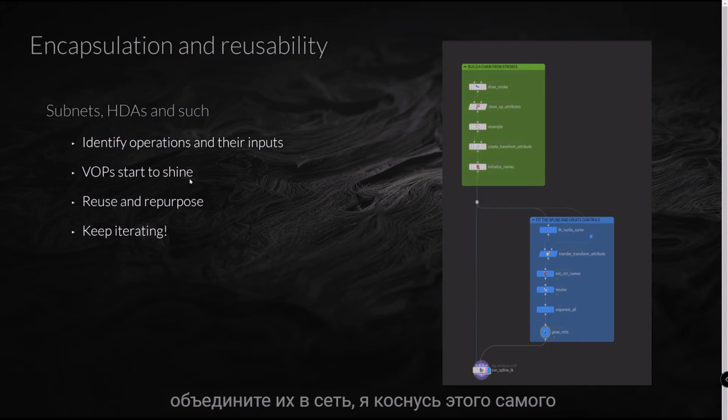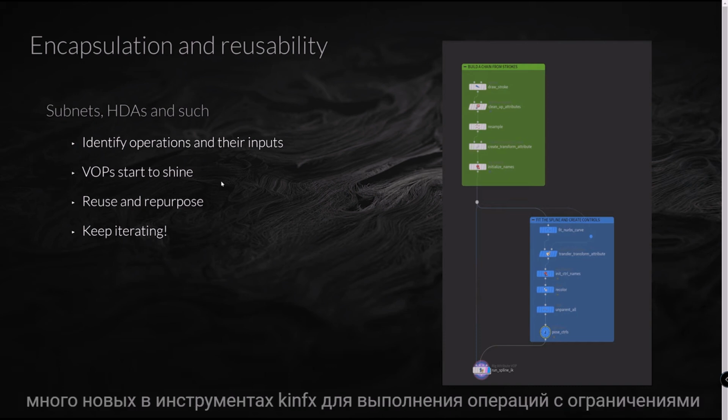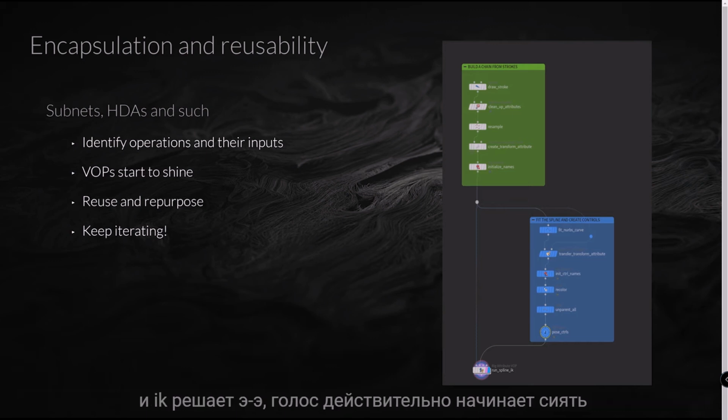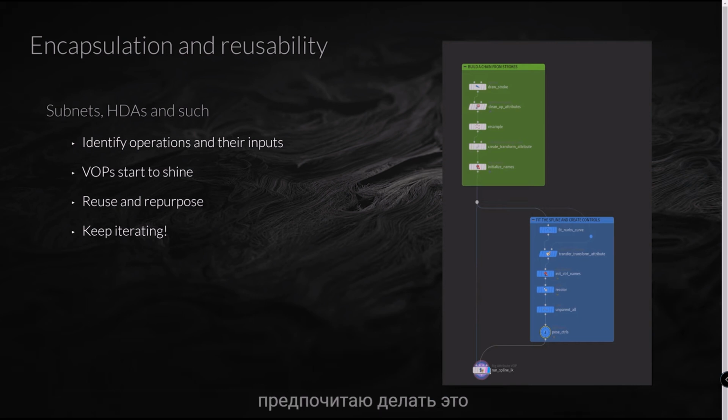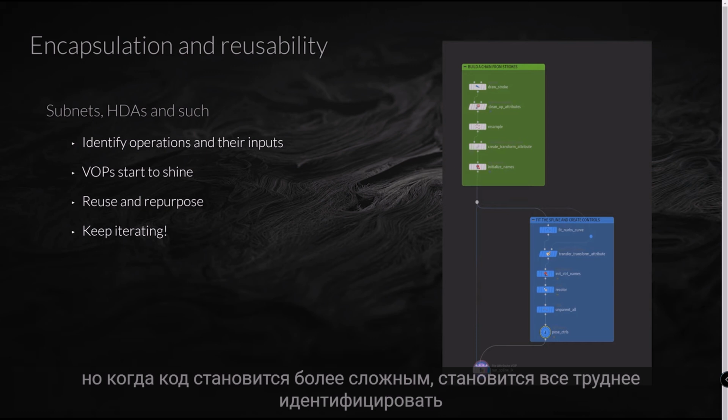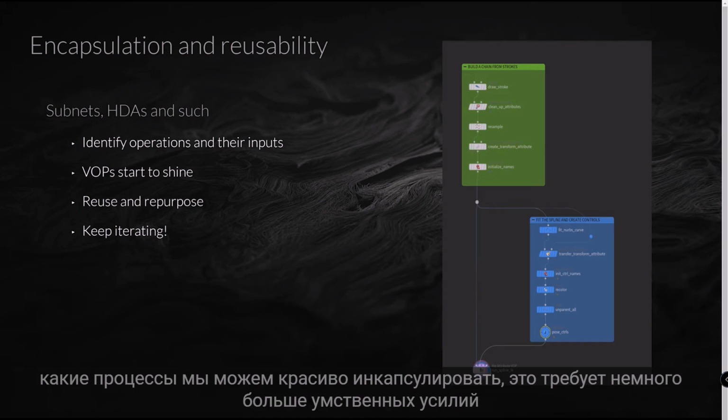I will just touch on this very briefly, which is that VOPs, of which we have many new ones in the KineFX tools to perform constraint operations and IK solves, really start to shine here over writing VEX code in wrangles. Many of you will still prefer to do so, but when code gets more complicated, it becomes much harder to identify what processes we can encapsulate nicely.